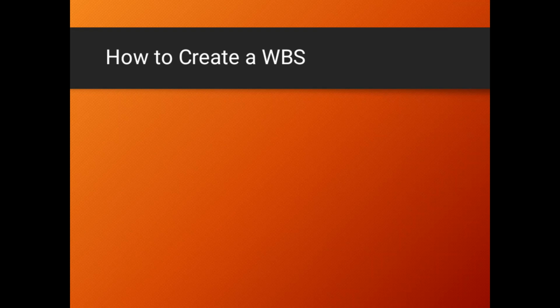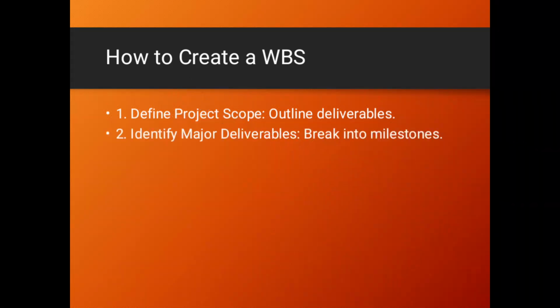How to create a WBS? Number one, you need to define scope. So you need to understand whatever you are going to do in your project. From there, you need to identify major deliverables. Those are big things, milestones that you want to accomplish within your project while you are doing it.